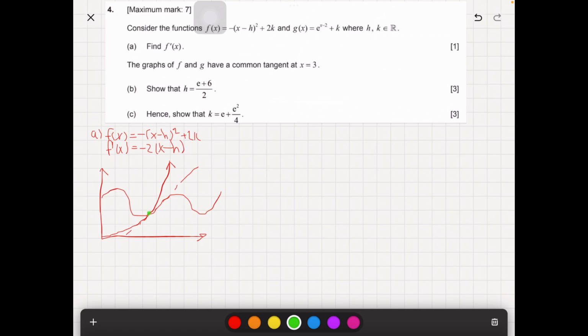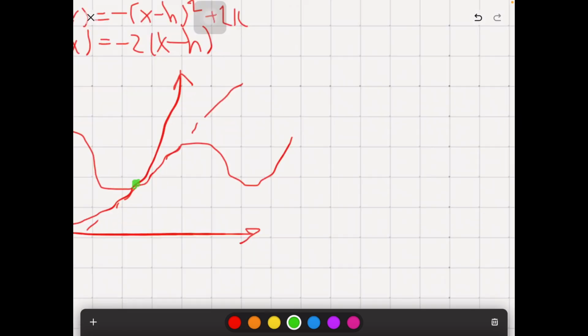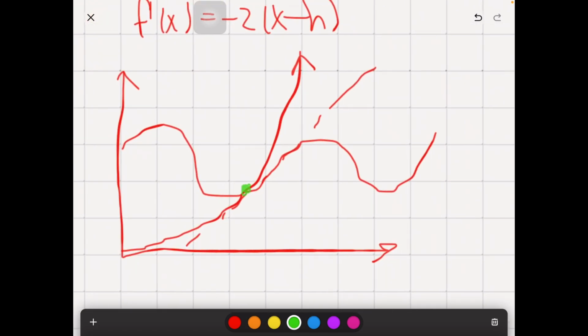Now, there's a second piece of information that we are also given, and it's that those two graphs intersect at that point. I guess I should give them names. So x squared and sine x plus 3.